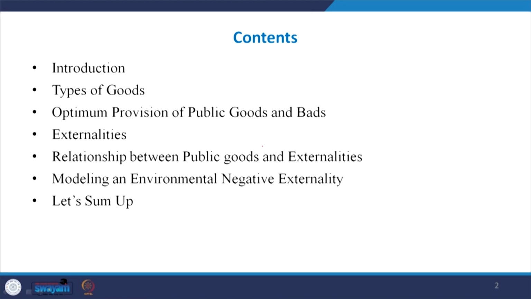Later on, by taking a numerical example, I will explain the effect of externalities on output and prices of a polluted industry, and then finally the topic will be summed up.